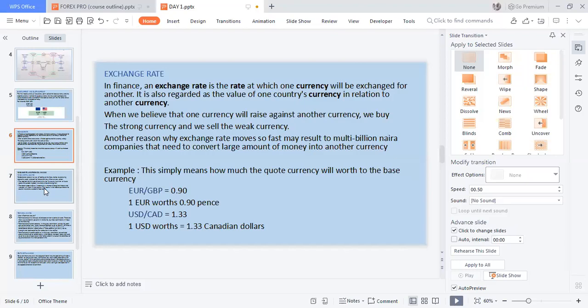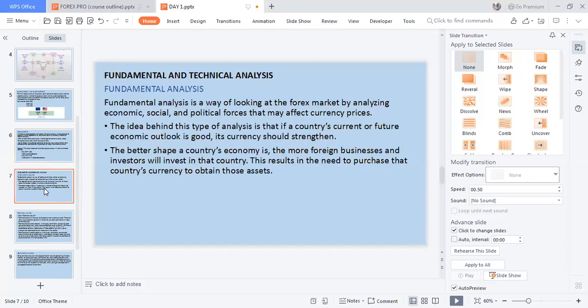The last one I'd like to talk about for today is fundamental analysis. Fundamental analysis is a way of looking at the forex market by analyzing economic, social, and political forces that may affect currency price. Just like Ukraine and Russia, they're having issues. You agree with me that nobody would like to take their money to those countries to invest, because there's already a crisis there.